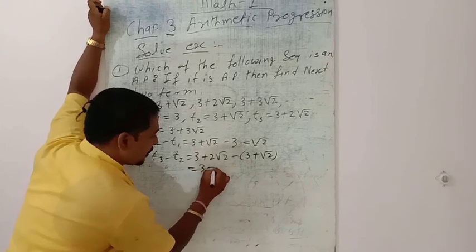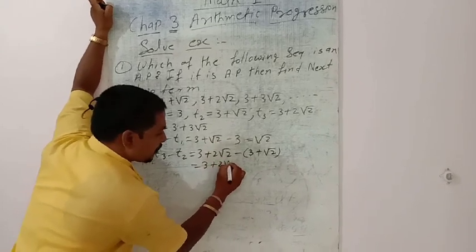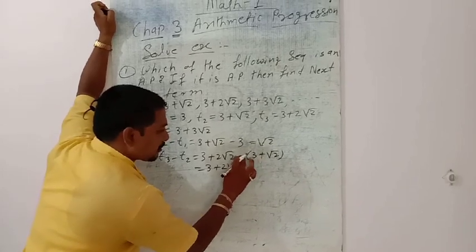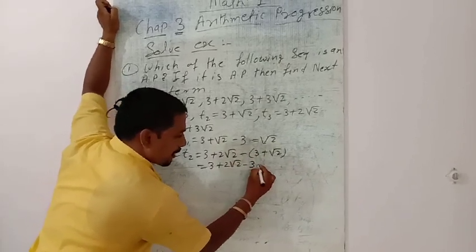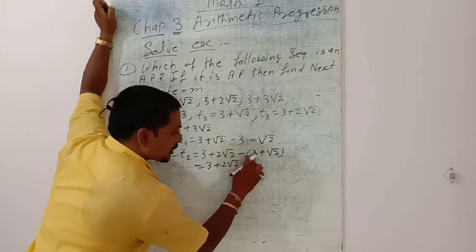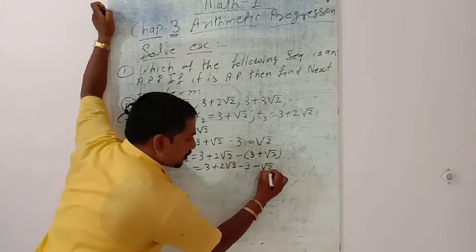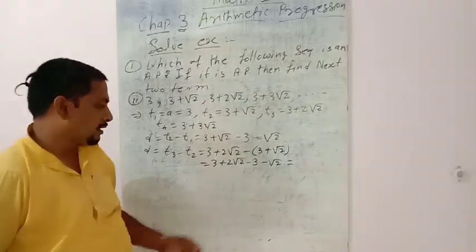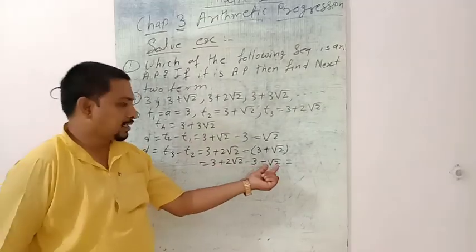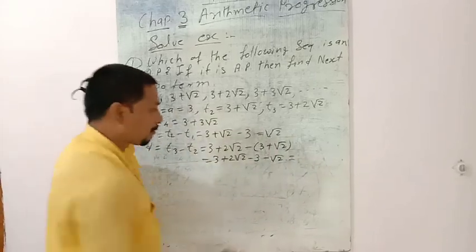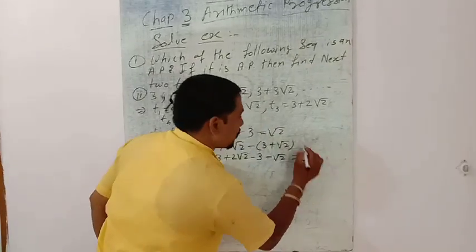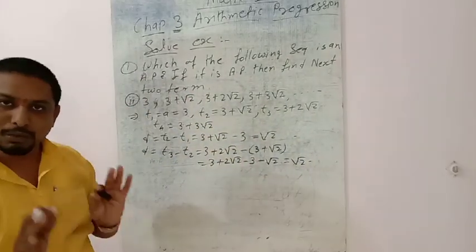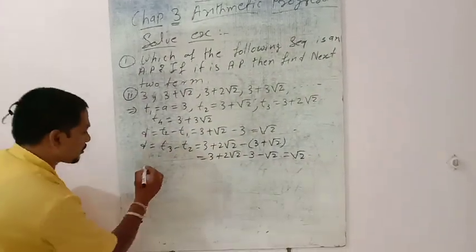Solving the bracket, this is plus and this is minus, so 3 plus 2 under root 2 minus 3 minus under root 2. Now plus 3 and minus 3 get cancelled. 2 under root 2 minus 1 under root 2 means 1 under root 2. So this is the common difference. The common difference is constant, meaning D is a constant.